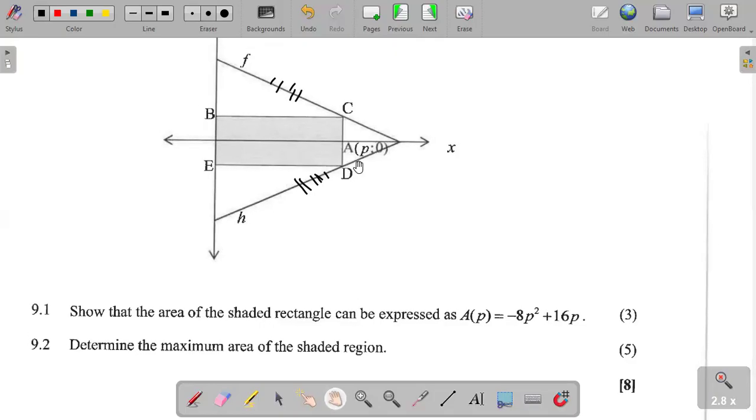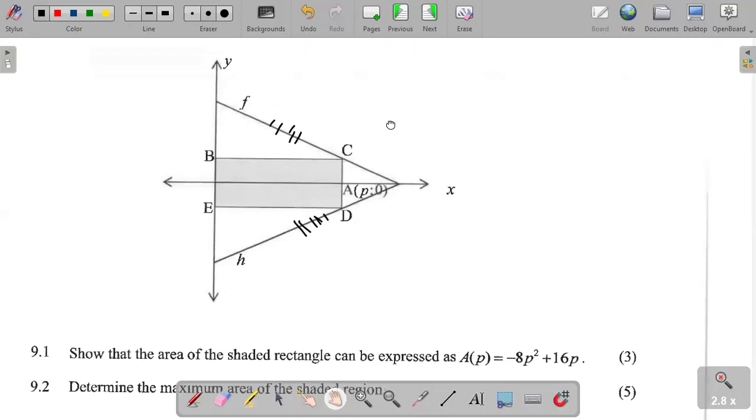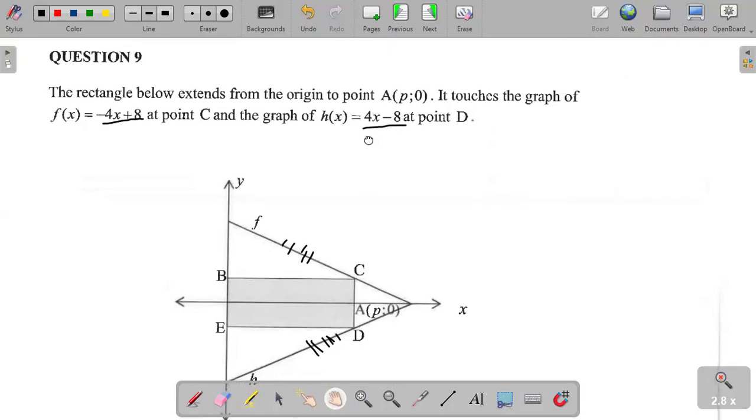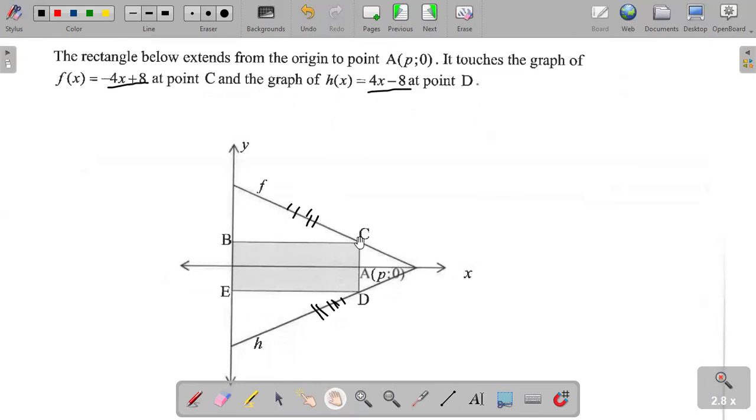Okay, so where is A? Y is 0 here. The rectangle extends from the origin to the point P and 0.